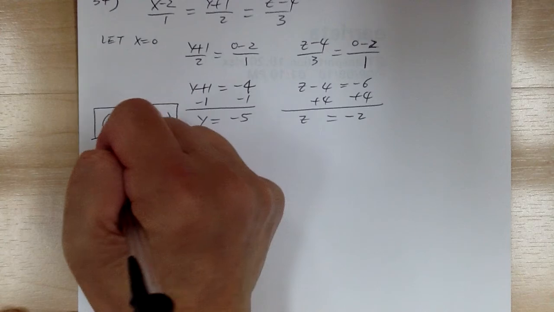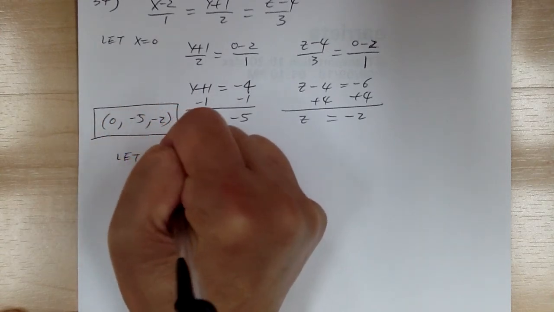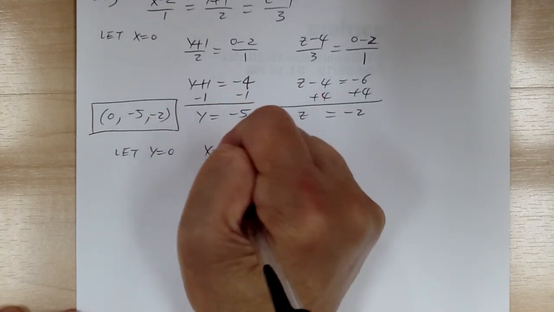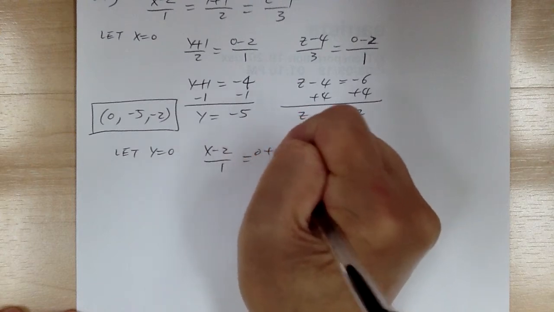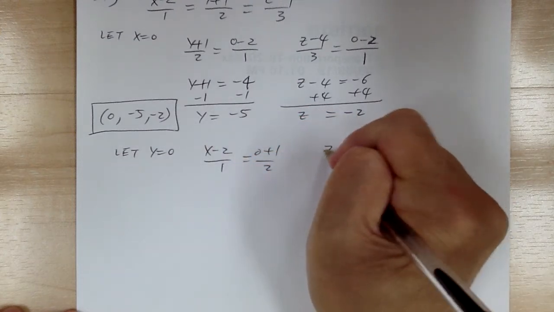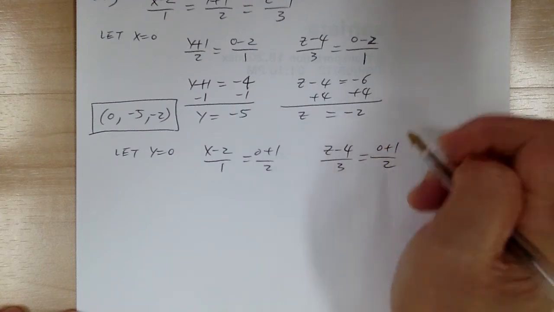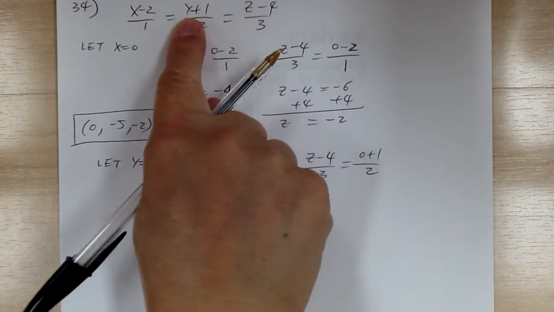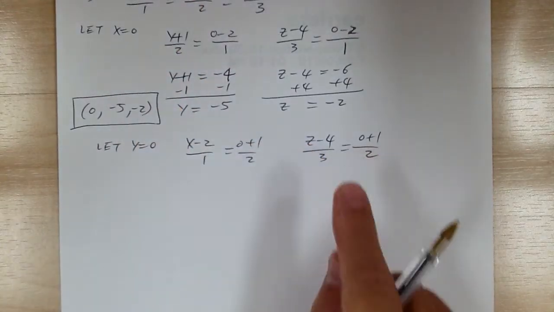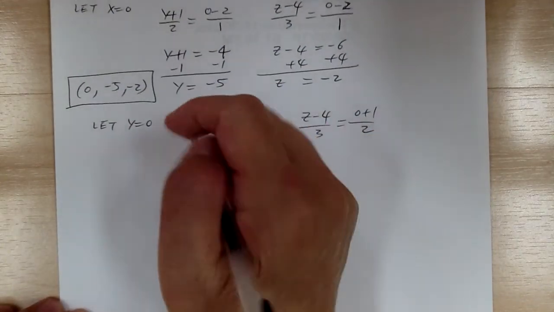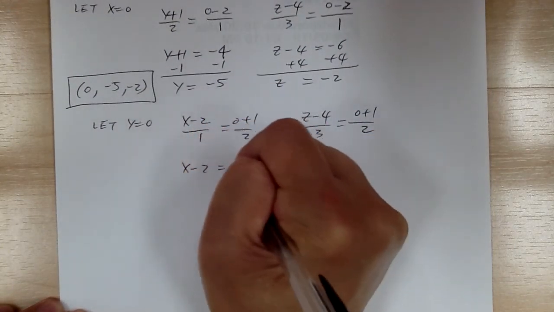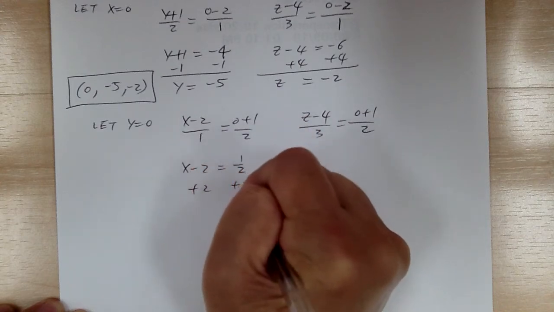Okay, so continue, so let y equal 0. So you've got x minus 2 over 1 equal to 0 plus 1 over 2. And you've got z minus 4 over 3 equal to 0 plus 1 over 2. Again, this equal to that, and then set y equal to 0. Now go ahead and solve. So cross multiply, and then plus 2.